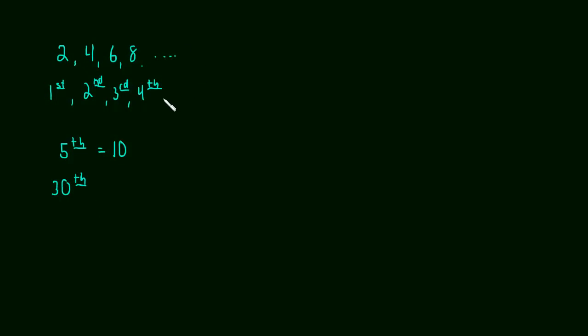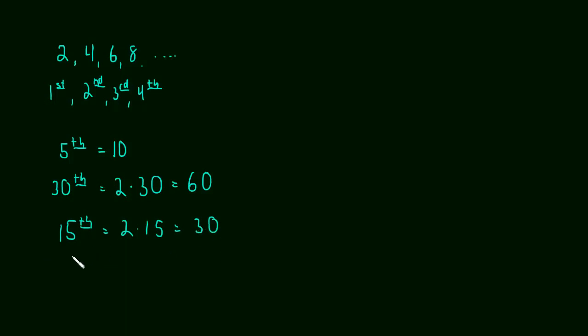Hopefully you would, because the first term is 2 times 1, the second term is 2 times 2, the third term is 2 times 3, the fourth term is 2 times 4. So the 30th term is just 2 times 30, which is equal to 60. The 15th term is just 2 times 15, which is equal to 30.